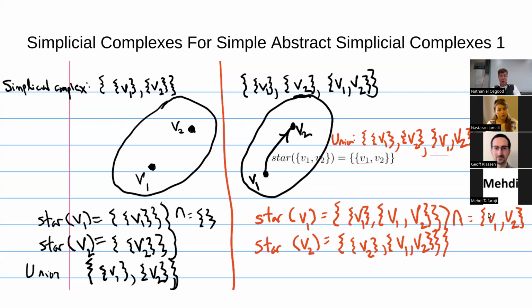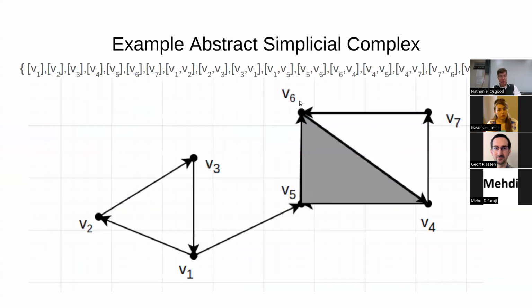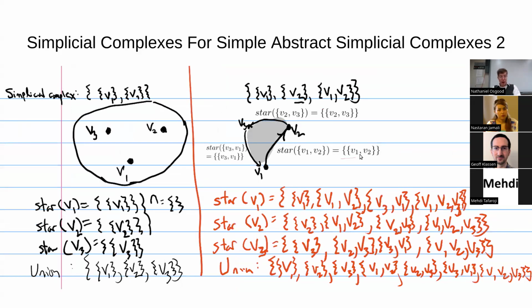V1, V2 is the star of what? And by the way, I'm writing it in curly brackets. I should have used this same notation. V1, V2 is itself, so it's the star itself. And similarly here, and the union of all of them is going to be the entire set, which needs to be in the topology.